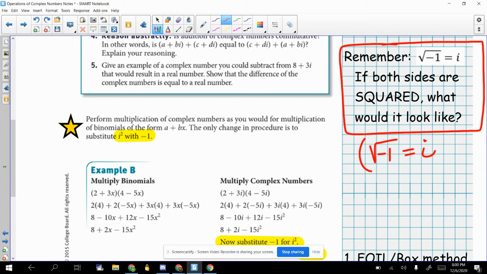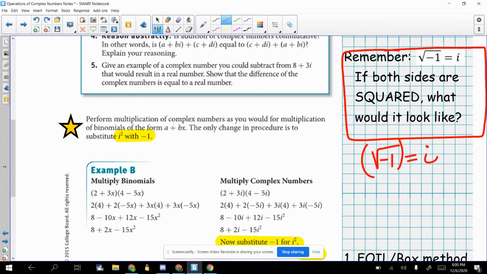So if we were to square both of these, to get rid of the square root, that would look like negative 1 equals i squared. So that's where this comes from, and I would definitely have this written down somewhere that i squared is equal to negative 1, okay?